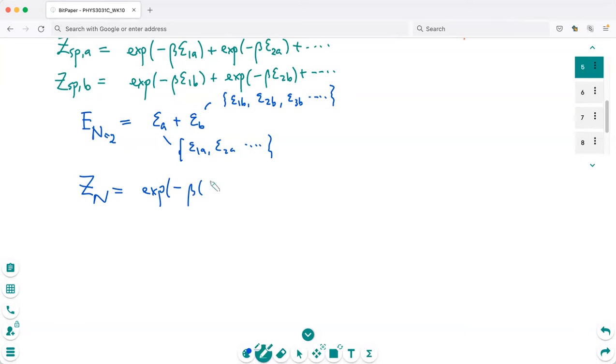I'm going to pick the lowest energy from A and the lowest energy from B. Then I'm going to keep the one from particle A to be the lowest, and increase the second one to the next level. So this is 1A, 1B, 1A, 2B. This is my way to keep track of everything.